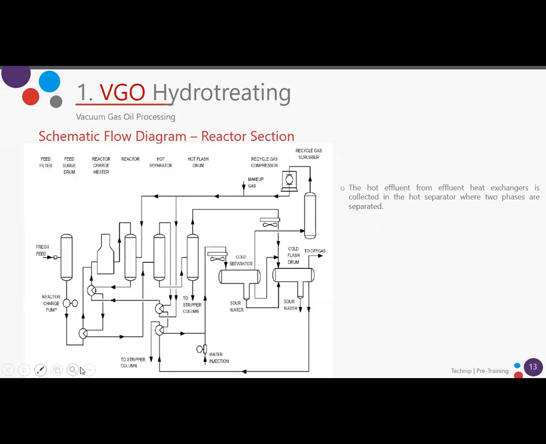The hot effluent from the effluent heat exchanger is collected in a hot separator here. You have to follow this stream, goes here, then goes here, and then goes to the hot separator. Here you see that we have two phases. So let's see what happened with these two phases.